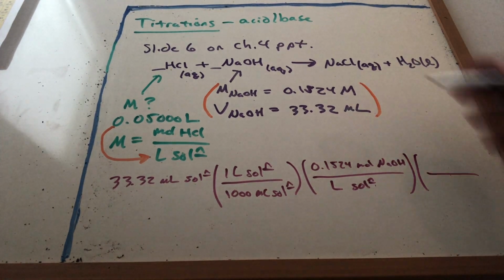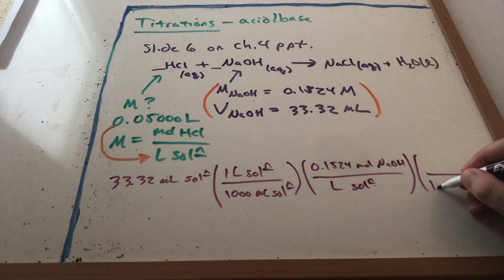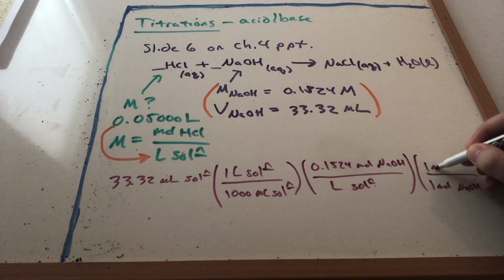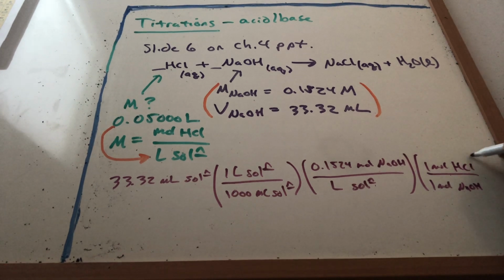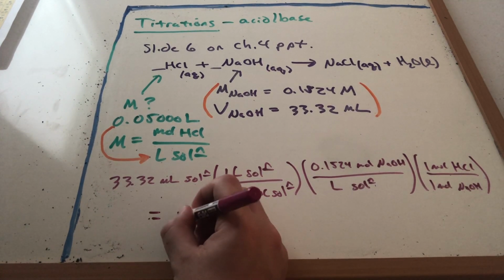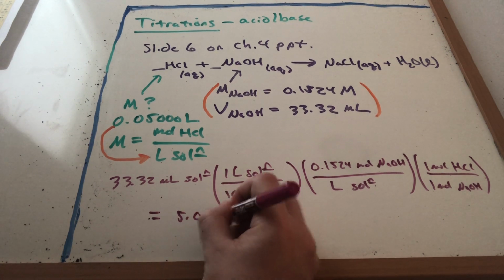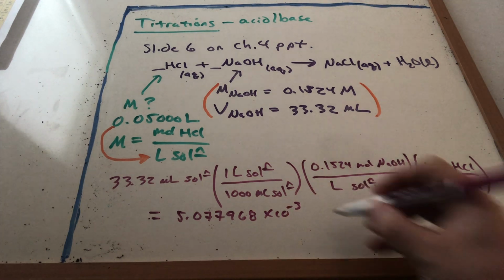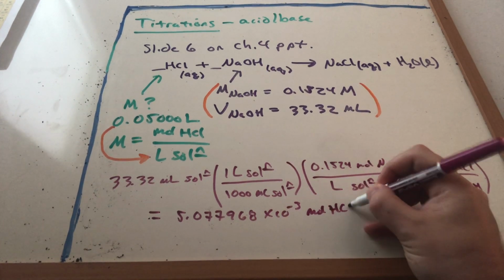And now I look at my balanced reaction. 1 mole of NaOH is equal to 1 mole of HCl. So I can put this into my calculator. I get 5.077968 times 10 to the minus 3 moles of HCl.